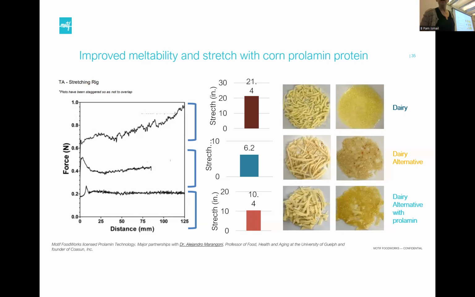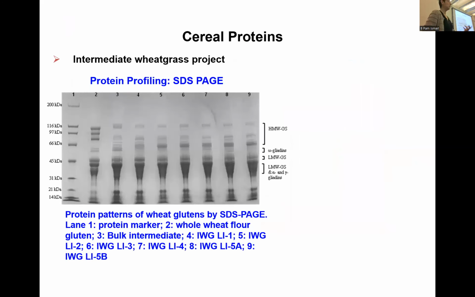Okay, now intermediate wheatgrass has been in our lives for the past 11 years, and we've been trying to make use of it, but what it is deficient in is high molecular weight glutenin. Here is a gel looking at different varieties of intermediate wheatgrass, and when we compare it to wheat, we can see that those high molecular weight glutenins are lacking or not present.